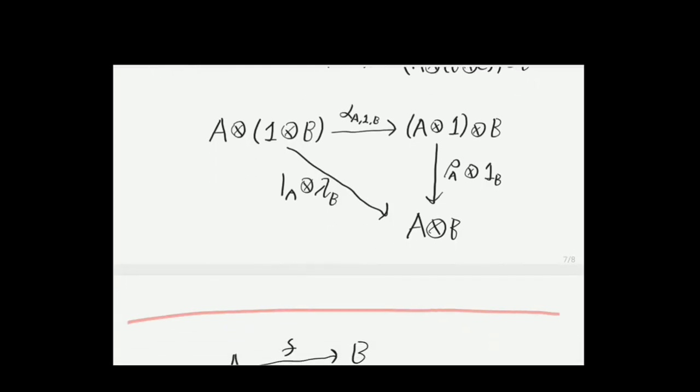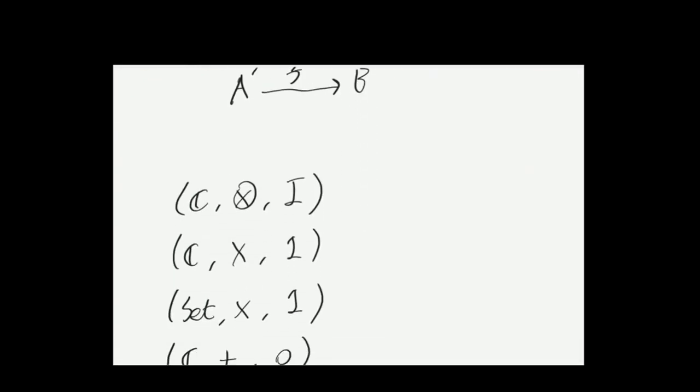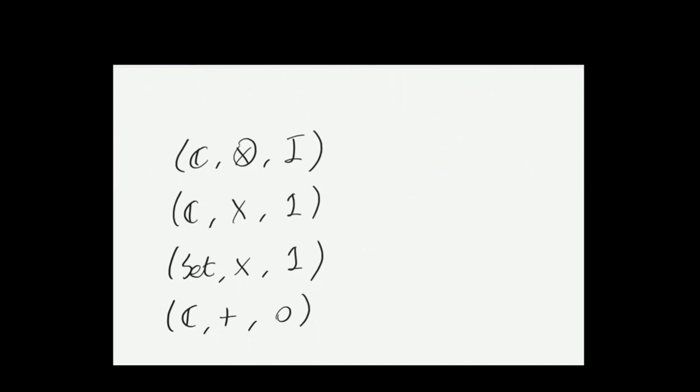Anyway, let me now talk about my favorite example of a monoidal category, which is the category Set. So the objects are sets, the arrows are functions, our tensor product is just Cartesian product, and our unit is just the singleton set.